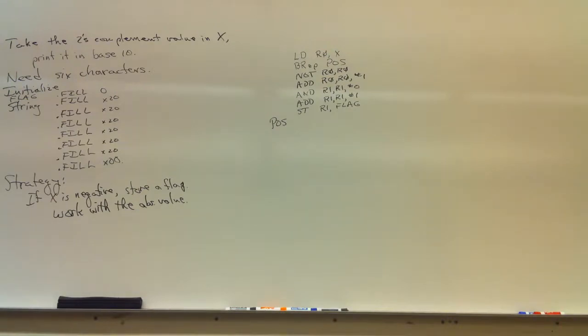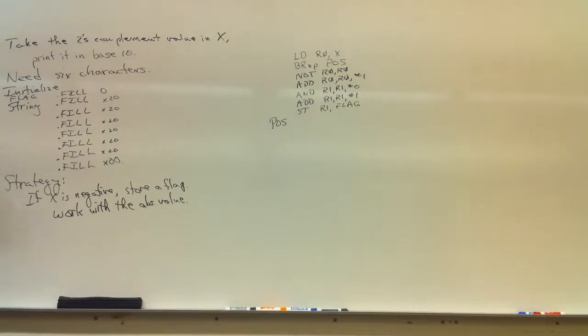Okay. Let's see. I was thinking there was something else I wanted to do before I actually started that load, but maybe not. Here's what I'm going to do. I'm going to use the stack to pass arguments.